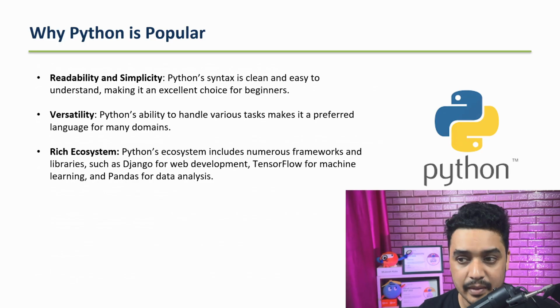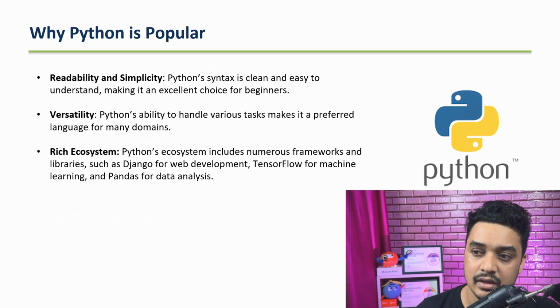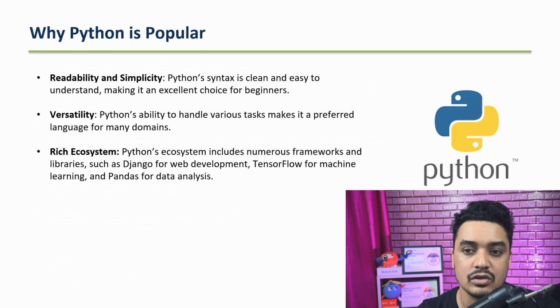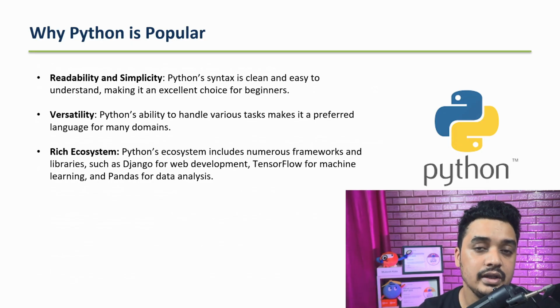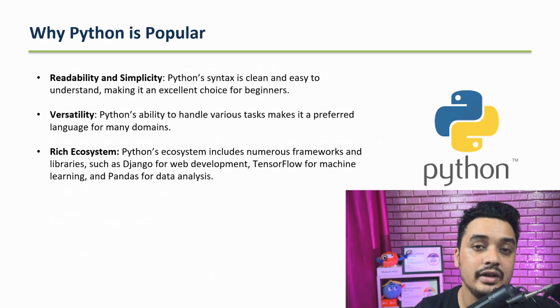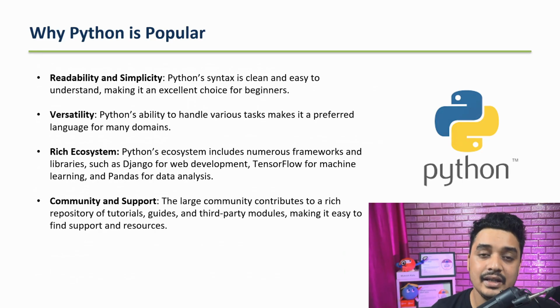If you want to do ML, you have TensorFlow, and in case you want to do data analytics, you have Pandas, right? That means that depending on a requirement, you can use Python for different purposes. And lastly, as I already mentioned, it has huge community support and a huge set of libraries. So these are some of the reasons why Python is so popular, right?